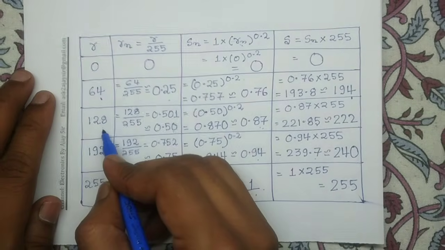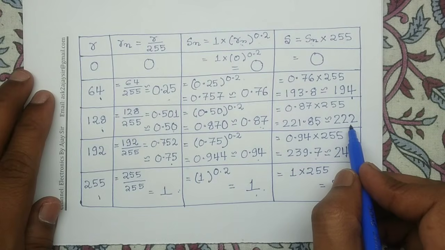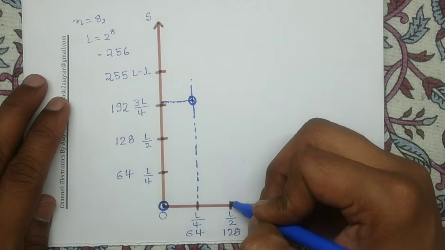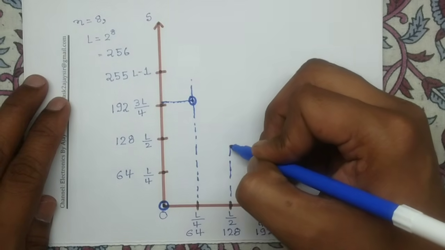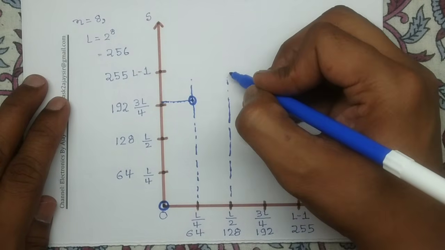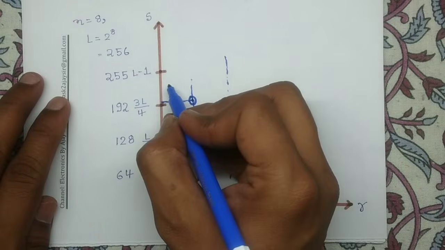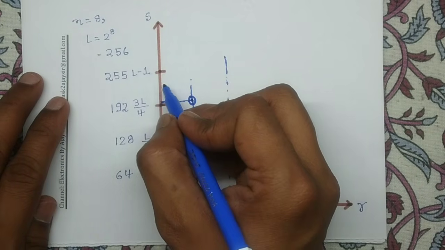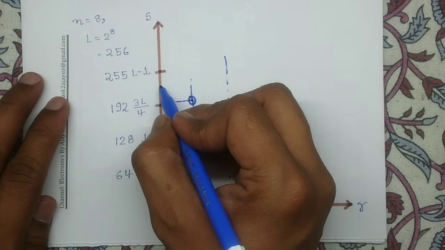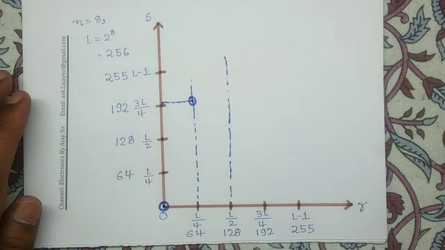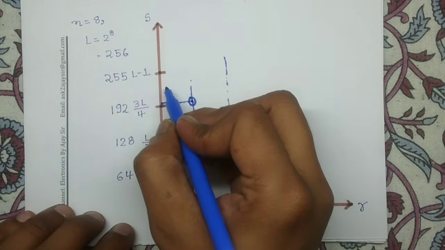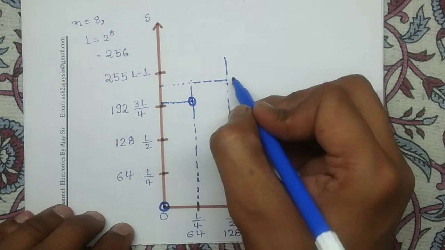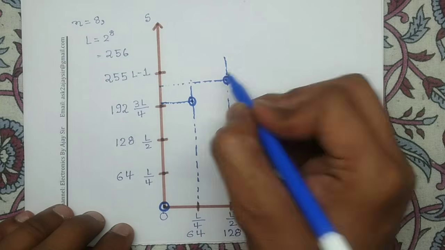When r equals 128, s equals 222. Tentatively represent the middle point, tentatively representing this point.